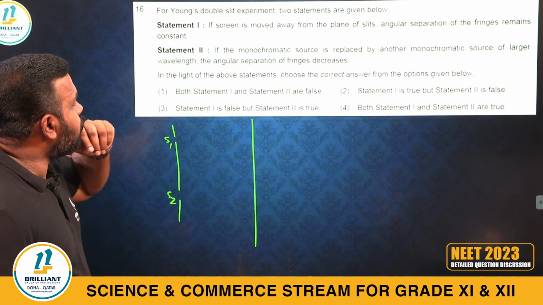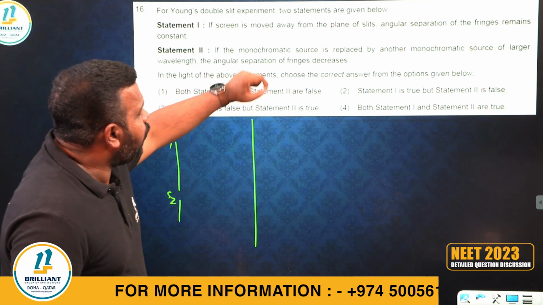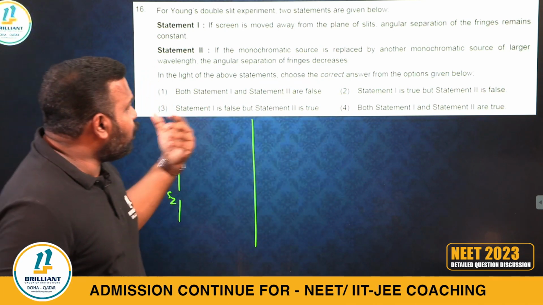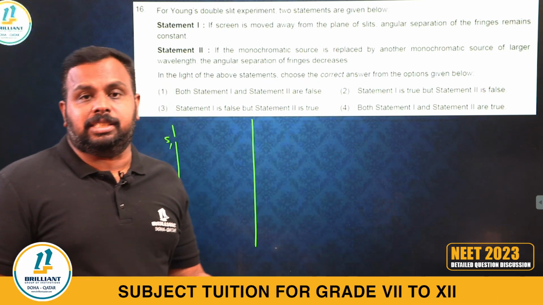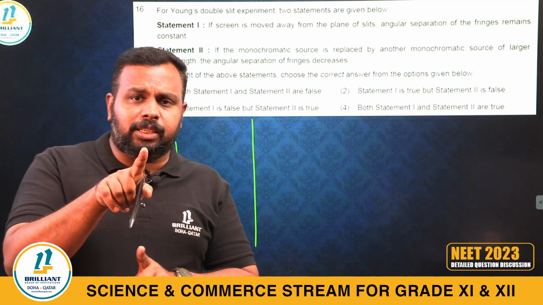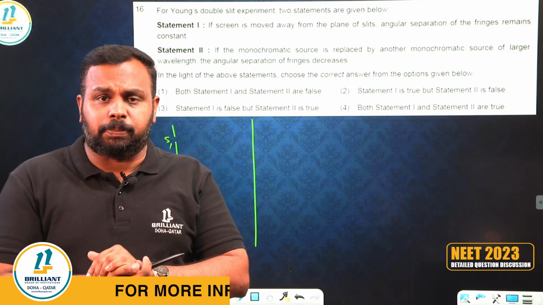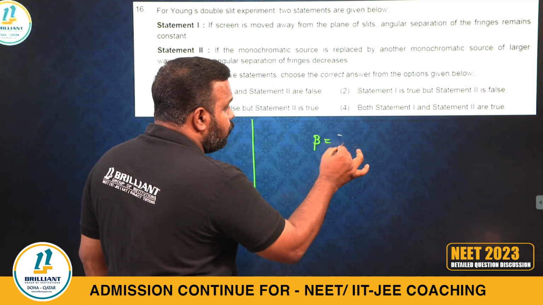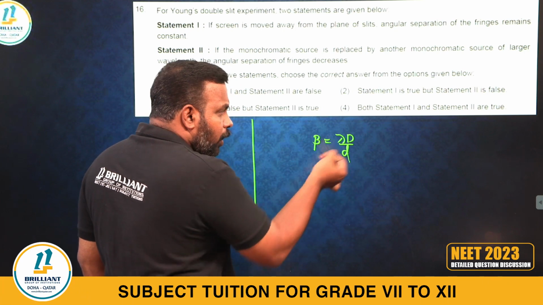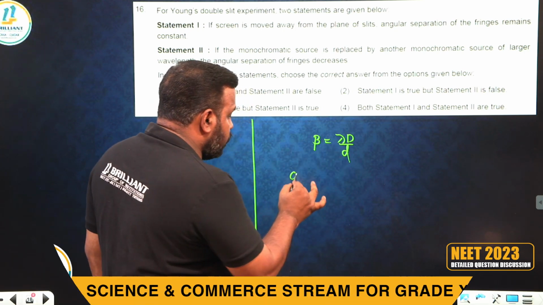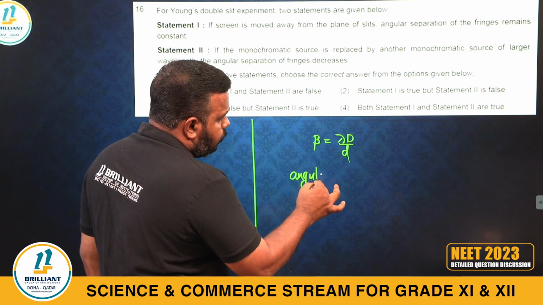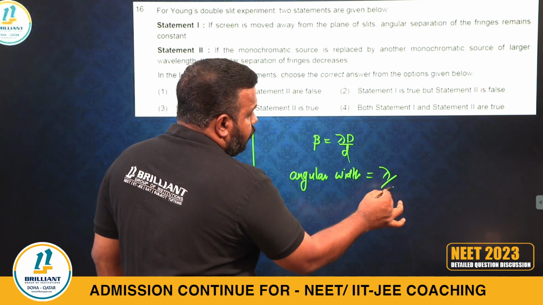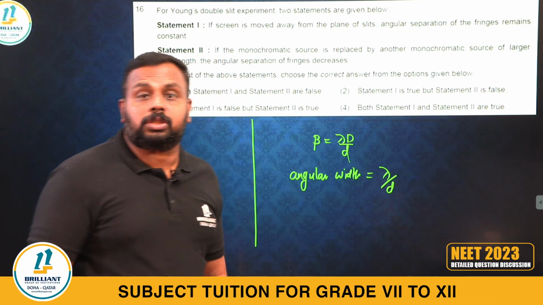Correct. Now, look at statement 2. If the monochromatic source is replaced by another monochromatic source of larger wavelength, the angular separation of the fringes decreases. So when wavelength increases, what happens to angular separation? What is the formula for angular width? You know that linear width beta is equal to lambda D by d. Angular width is beta by capital D. So angular width is equal to lambda by d, which means it is directly proportional to lambda.